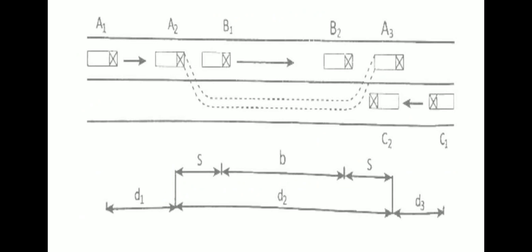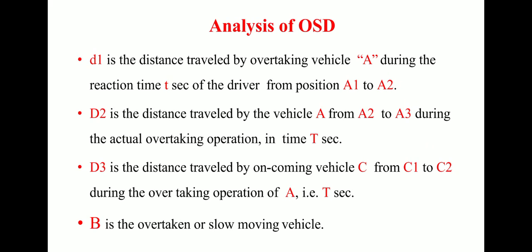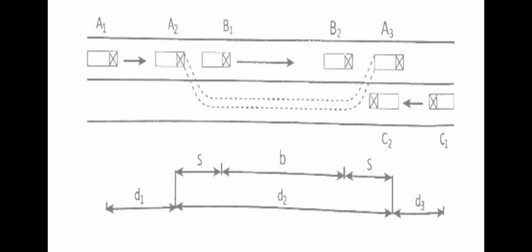d3 is the distance traveled by the vehicle C, that is the vehicle from the opposite direction, which traversed the distance C1 to C2 during the overtaking operation of A in time T seconds. B is the overtaken or slow moving vehicle, and small b is the distance of the overtaken vehicle.